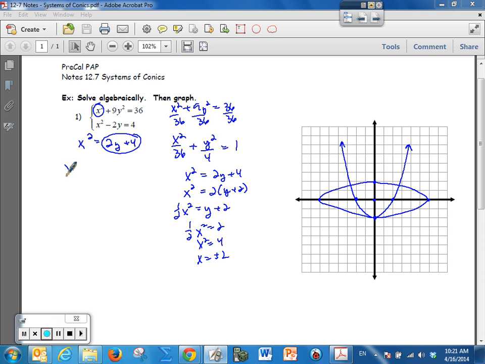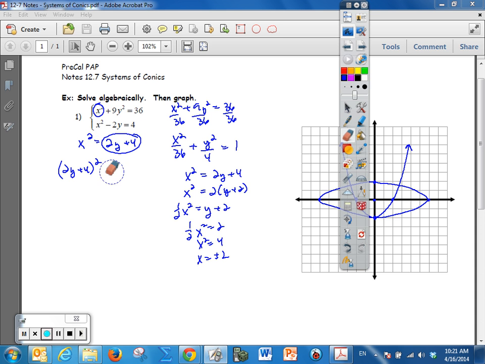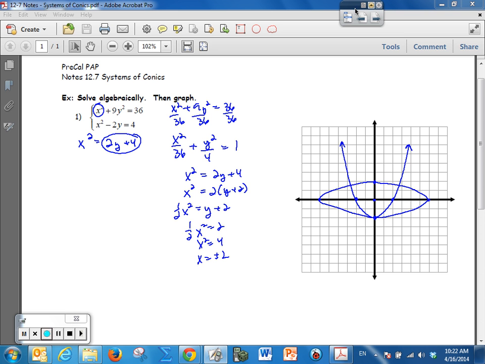So that gives me 2y plus 4, and that's squared. I'm putting that, oops, no it's not, because that's x squared. Okay, that is x squared, so it's just 2y plus 4 plus 9y squared equals 36.